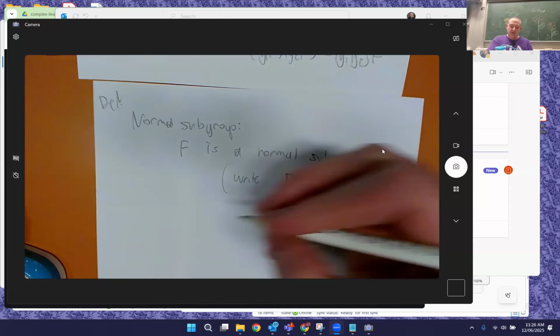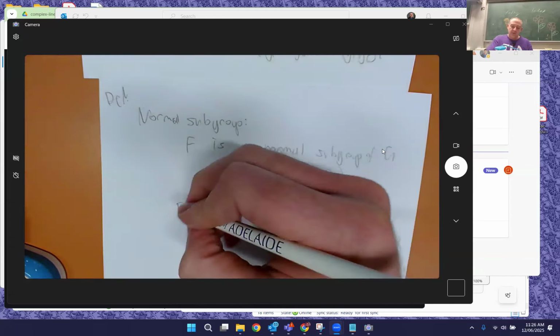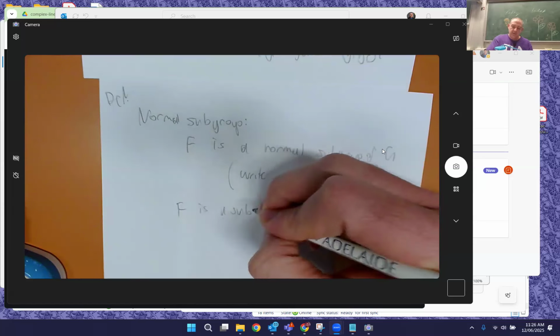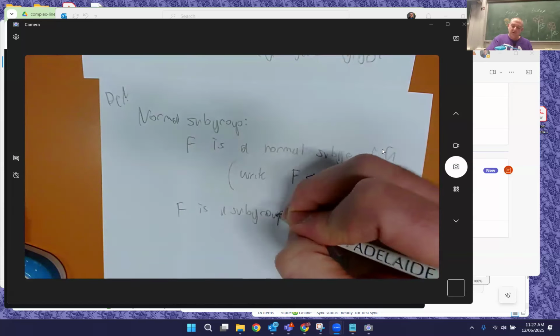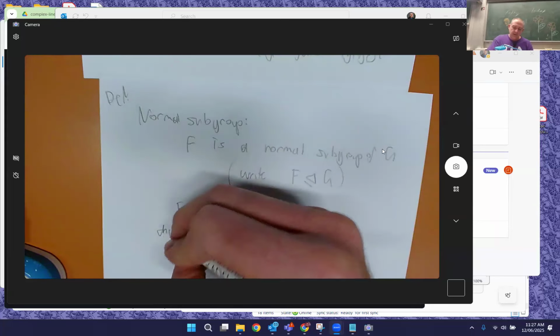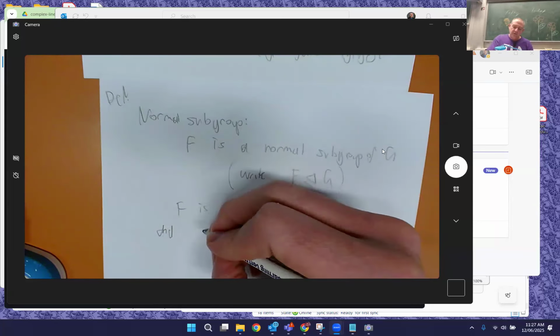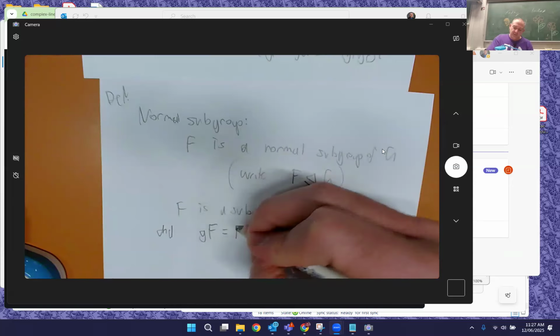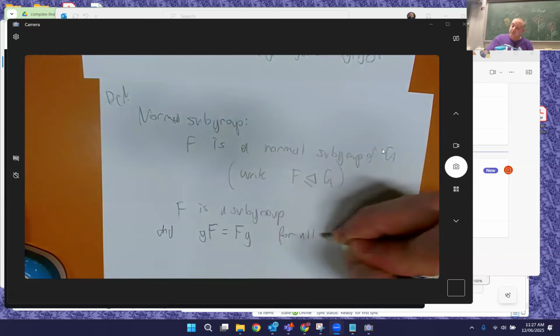So what that means is that F is a subgroup, which means it's self-contained under the group operations of the operation and inversion. And gF is Fg for all g, yep.